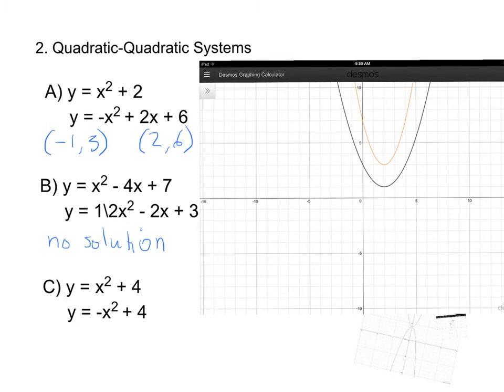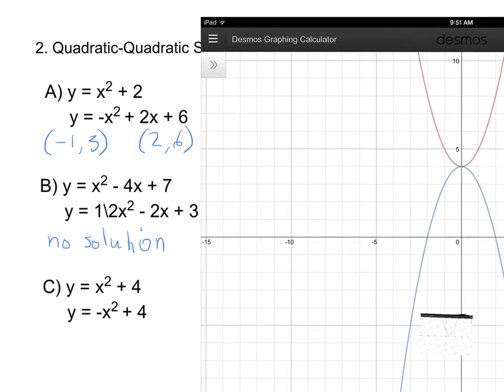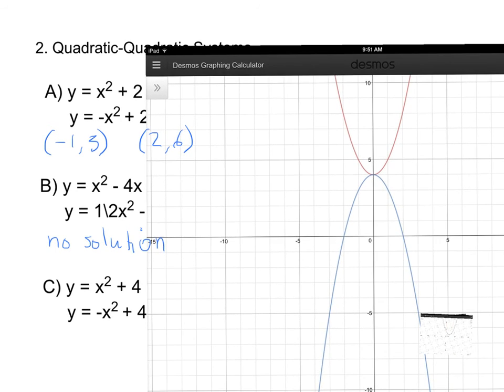No solution. And then the third one looked like this, and it had one solution, and the solution is (0, 4). X is 0, y is 4.